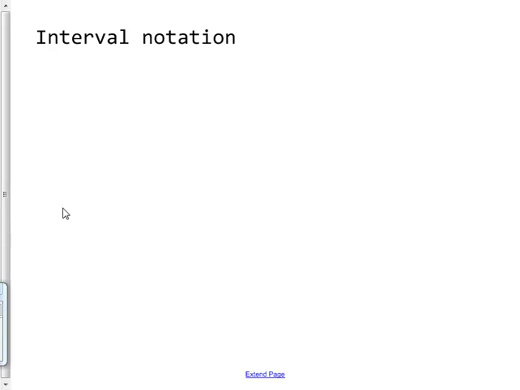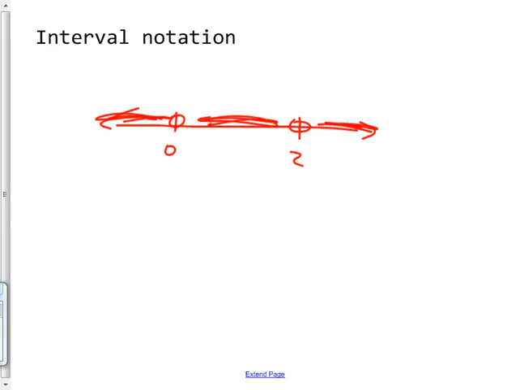All right, interval notation. If I were to tell you that this doesn't work in my function, and this also doesn't work in my function, but everything else does, how would you write that in interval notation? Try it. Pretty simple if you know what I'm talking about.